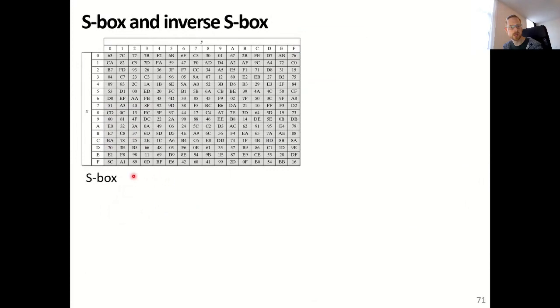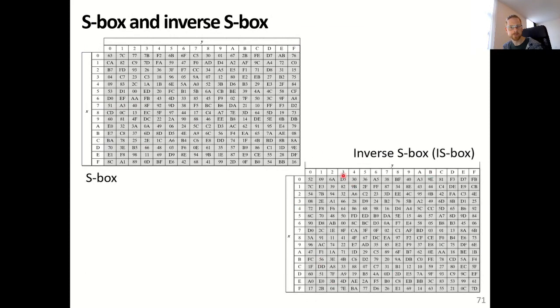And here you see the S-box that is used in AES. It is fixed and standardized, and the inverse S-box you see here. And if you look more carefully, you will see that they are indeed each other's inverse.